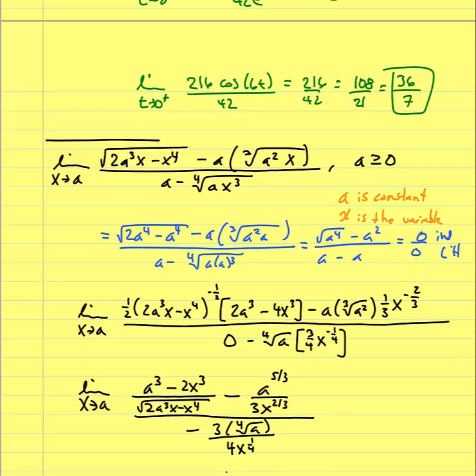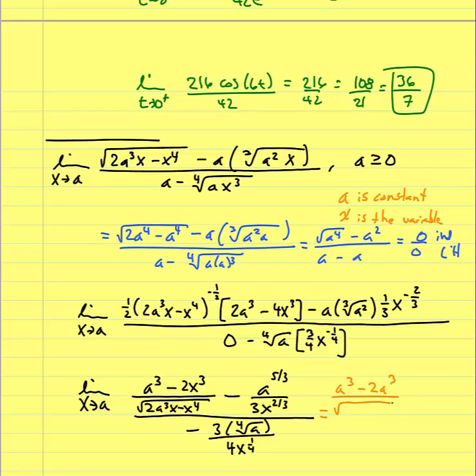Now this doesn't look any simpler, but it is. I'm actually going to take my limit right now. As we take the limit, the x's are turning into a's. So here I have an a cubed minus, this x is approaching a, so minus 2a cubed.